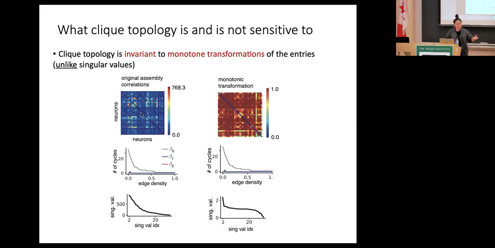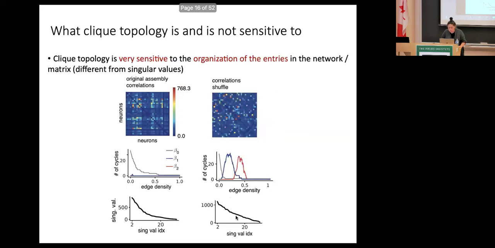So if we take an original correlation matrix and monotonically transform it, we see the Betti curves are identical, but the singular values change. So sometimes singular values might be giving some indication of a structure or not giving indication of a structure, and that's really coming from some type of monotonic nonlinearity potentially. This is a reason that we might want to be using clique topology: it's invariant to this type of transformation that we see all the time in neural data.